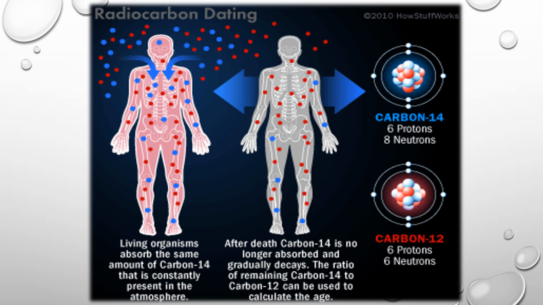So when a fossil is obtained, people check how much carbon has decayed and also check the ratio of C12 and C14, from which they are able to determine the age of the fossil.